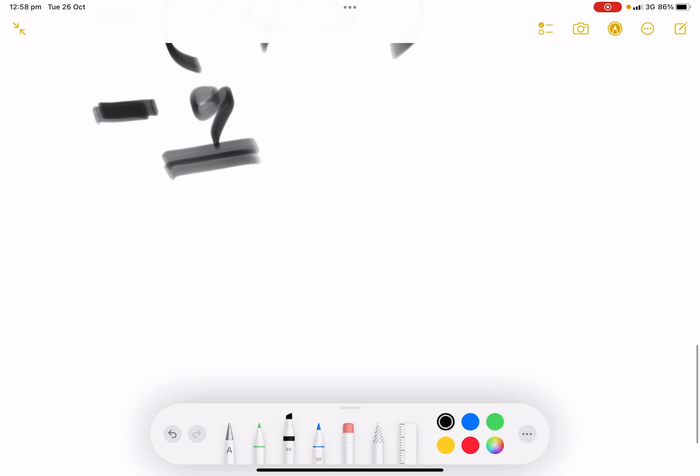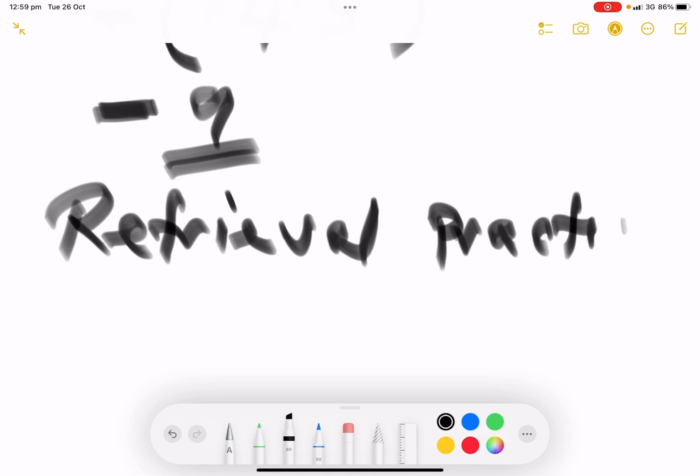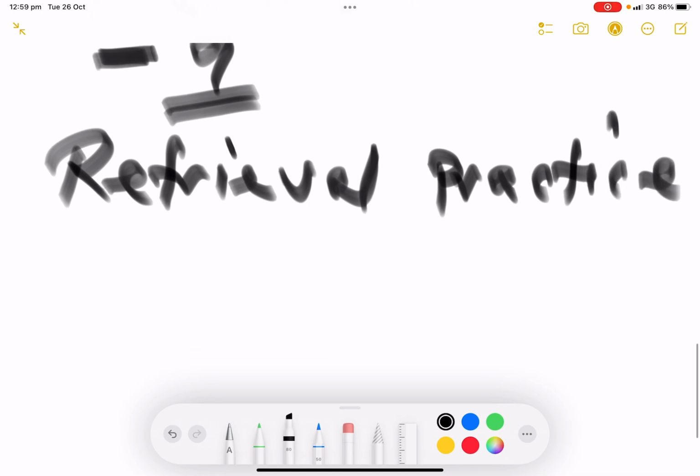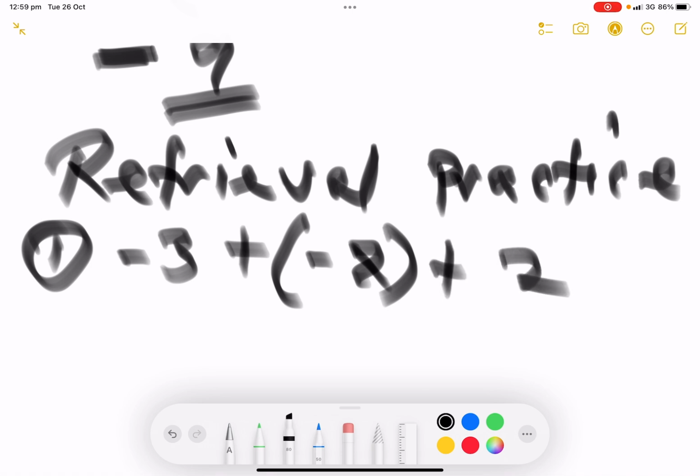Now let's do retrieval practice. This you practice yourself. You pause the video and practice. We have number 1: -3 plus -8 plus 2.